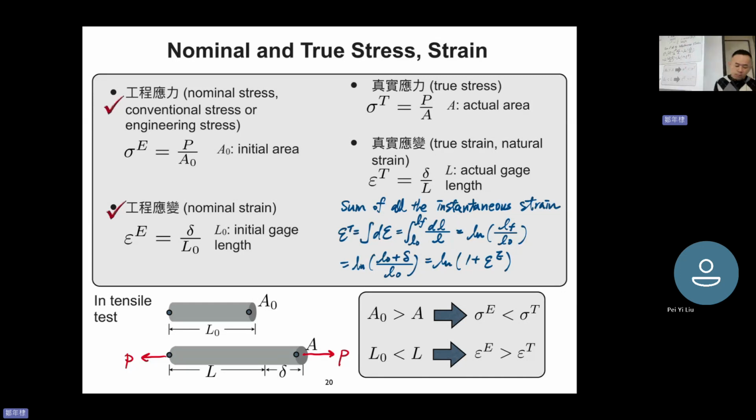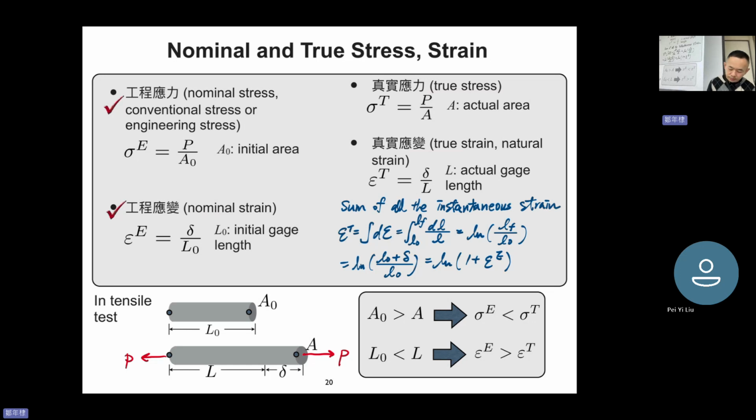I hope you can get this. So once we understand the definitions for engineering stress, engineering strain, true stress and true strain, then we can introduce our stress strain diagram on the next page.